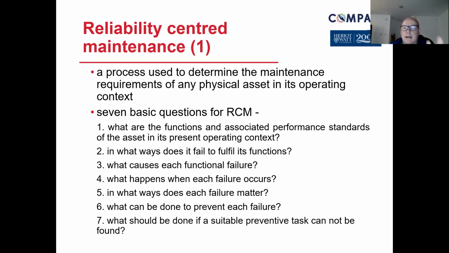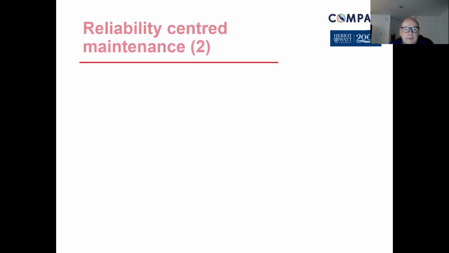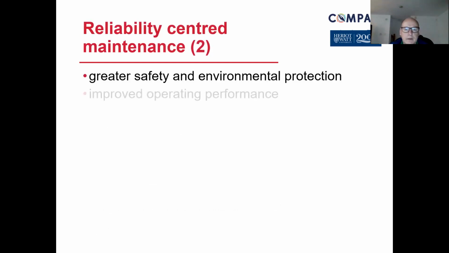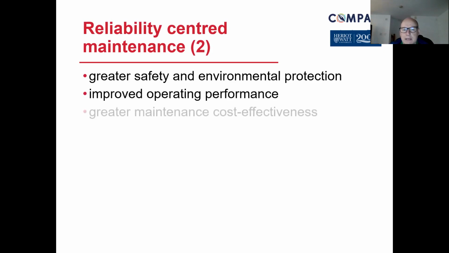Now, one of the main reasons I put this in is to link it to failure mode effects analysis, because this is very, very similar to what that tries to do. It's identifying where it can go wrong, the consequences of it, and the link to reliability. So in higher risk environments, it's expected.